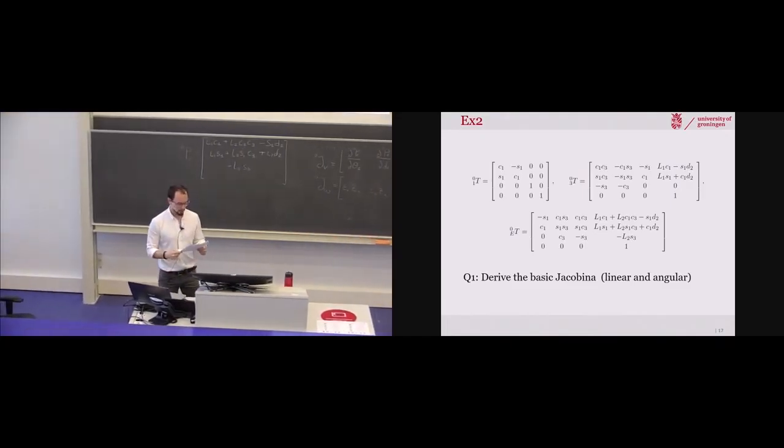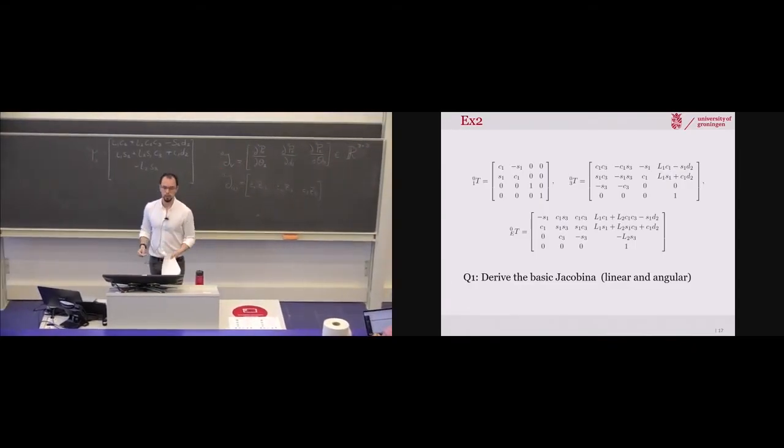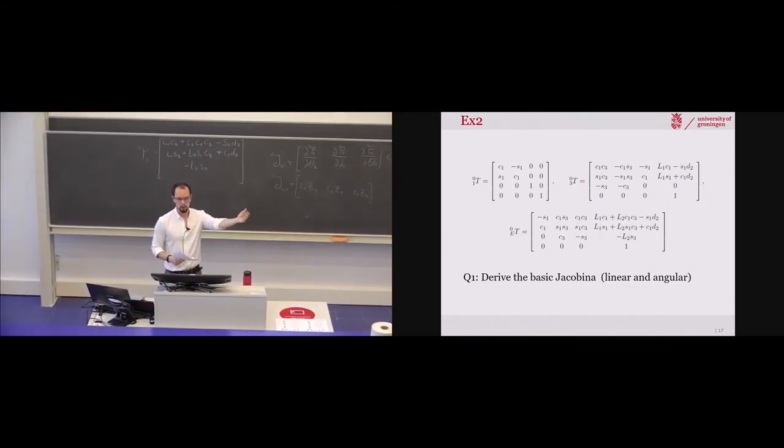Now the only thing that we have to be careful about is to extract correctly these three vectors that are the axes around which the joints rotate or move. How do we extract this?